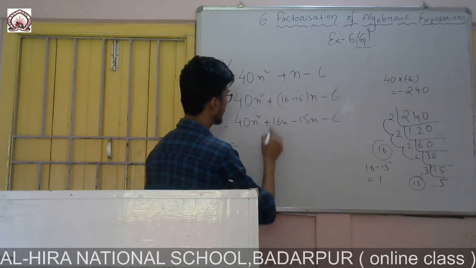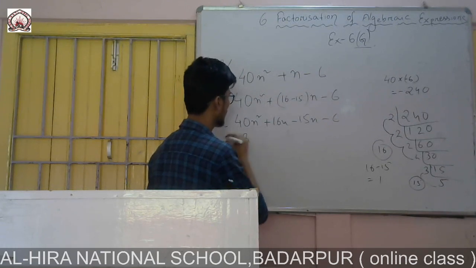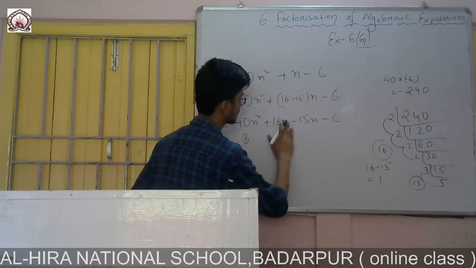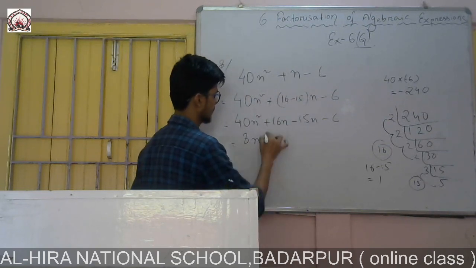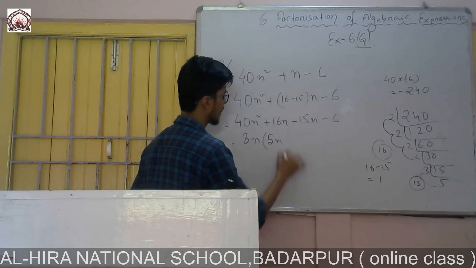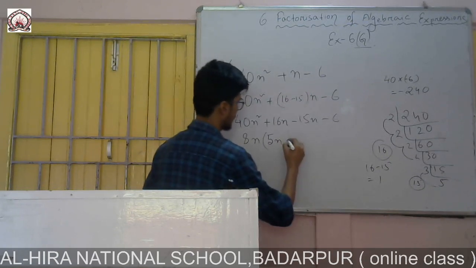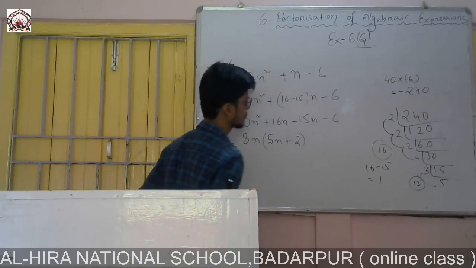If I take the common term here, it will be 8n. So 8 5s are 40 and n into n is n square, plus 8 2s are 16 and n I have written, so no need to write.